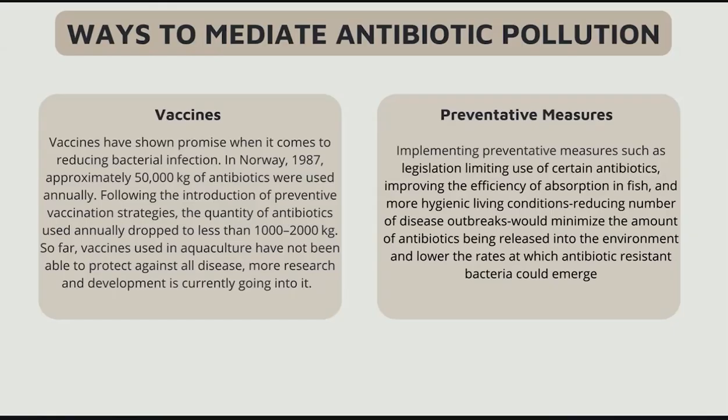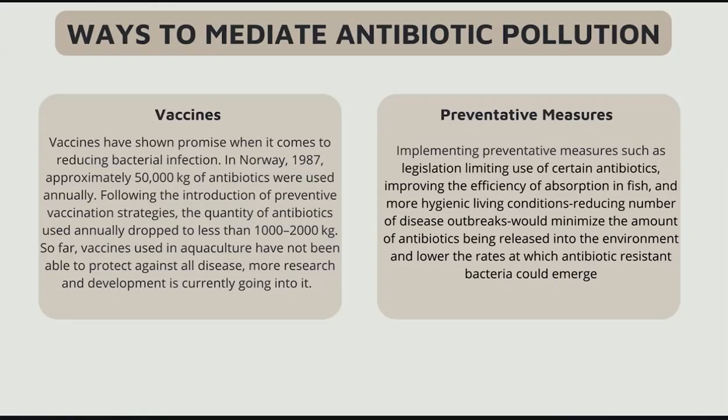After they implemented that, they dropped their annual use of antibiotics to only 1,000 to 2,000 kilograms a year. So far, vaccinations used in aquaculture have not been able to protect against all diseases, but more research and development is currently going into this to expand the use of vaccinations.